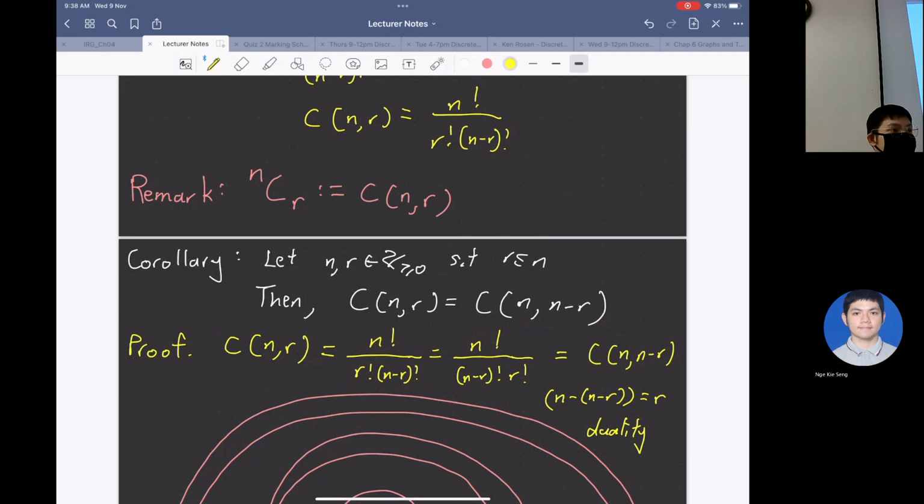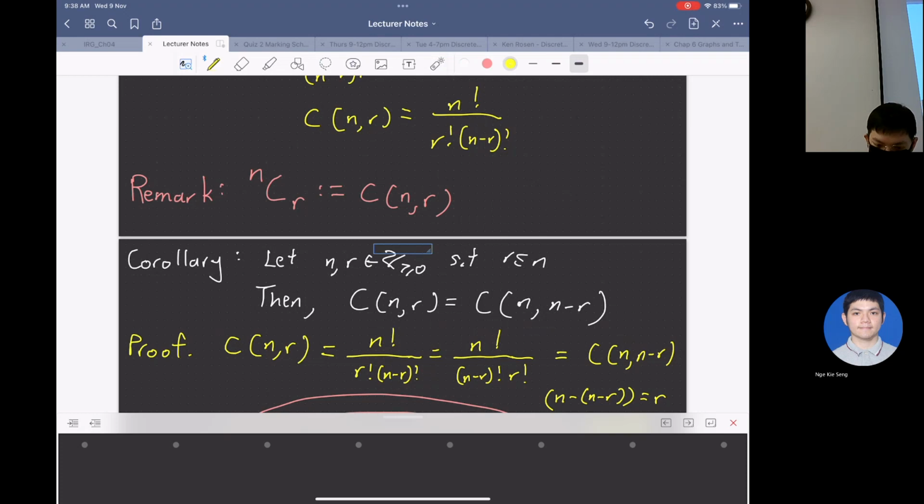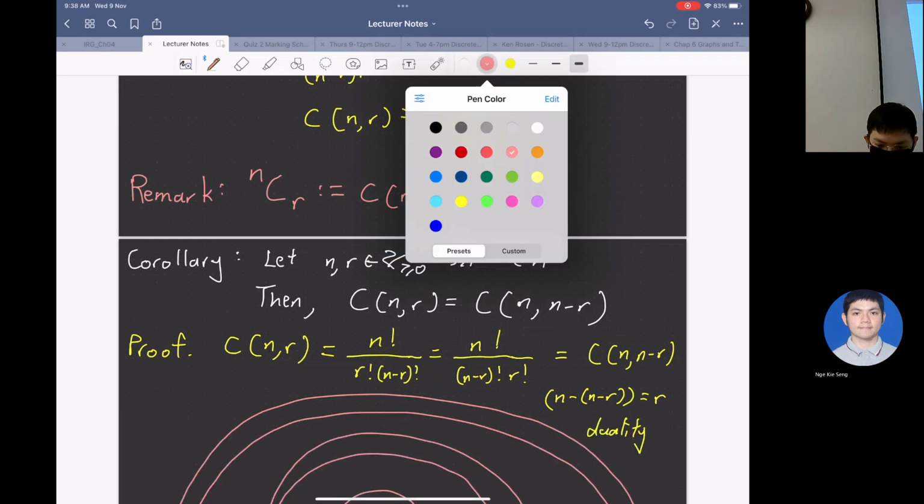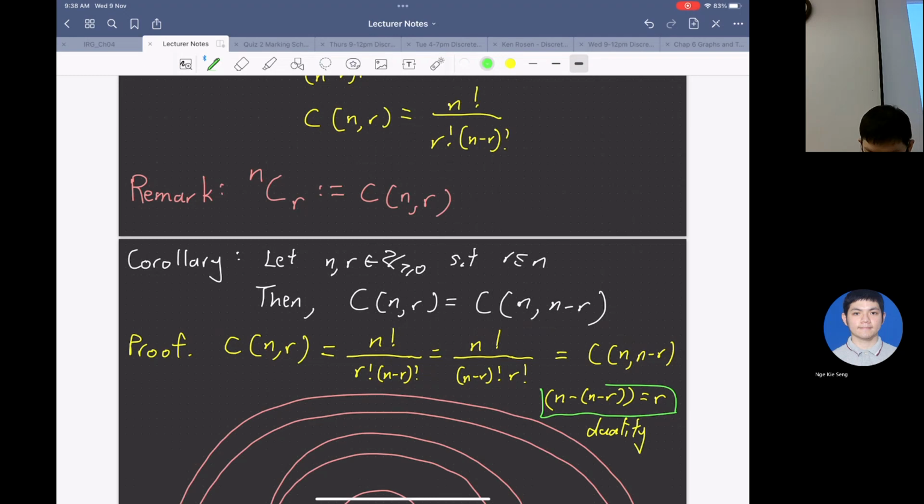It is r. So this is the r. So just swap the denominator.